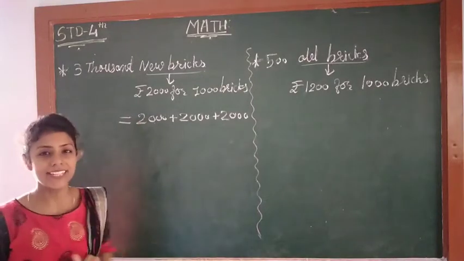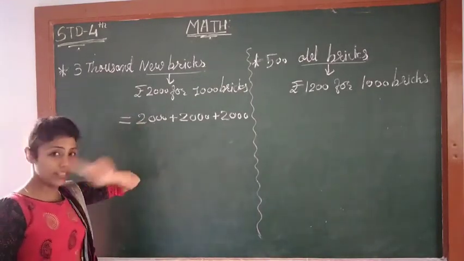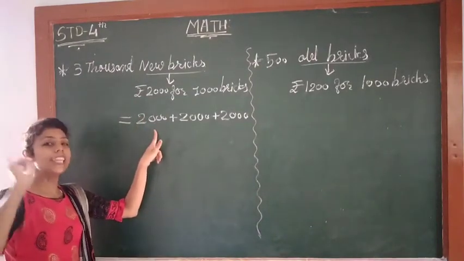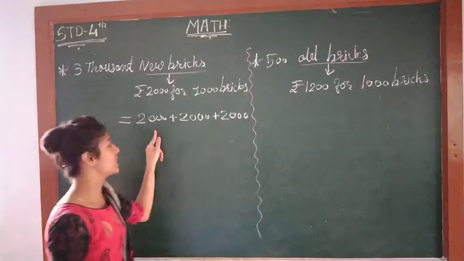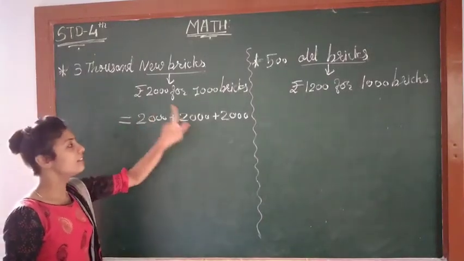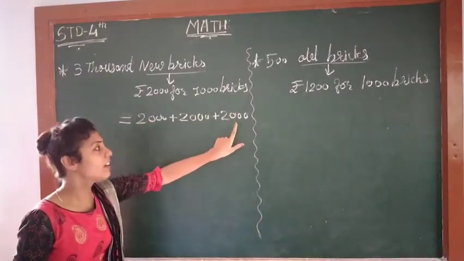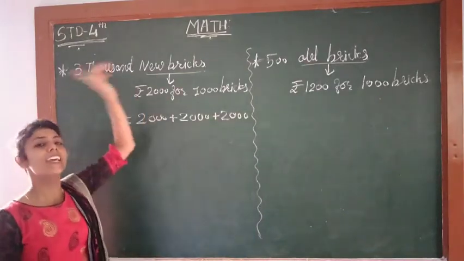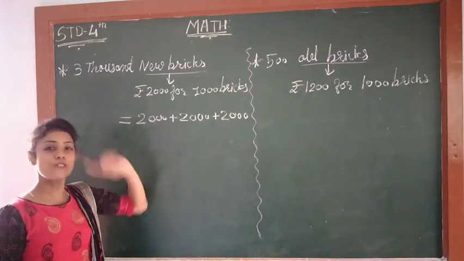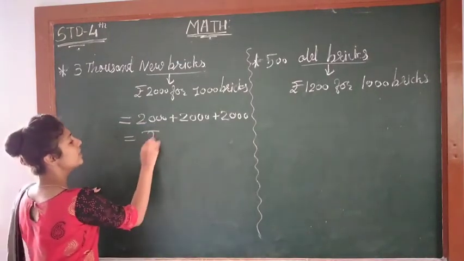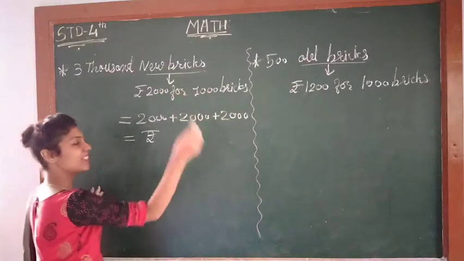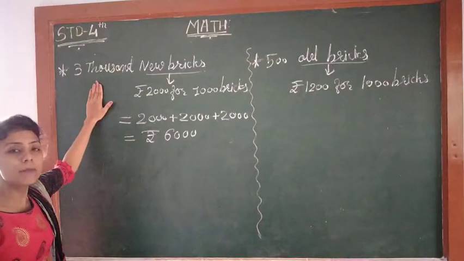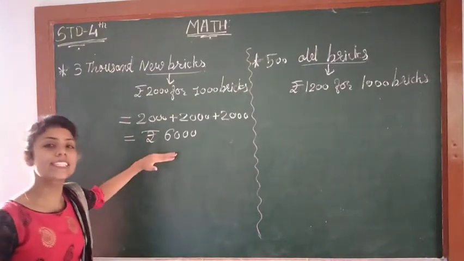Because he wants 3000. 1000 bricks की price है 2000, and he wants 1000, 1000 and 1000. So 1000 की price 2000 rupees, again 2000 rupees, and again 2000 rupees. So total 2, 2 and 2. 3 2s are 6000 rupees. 3000 new bricks की cost होगी 6000 rupees.